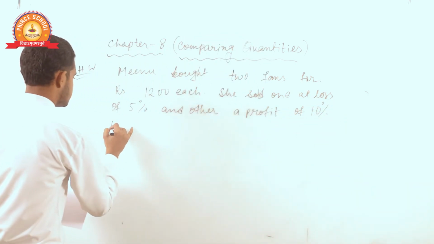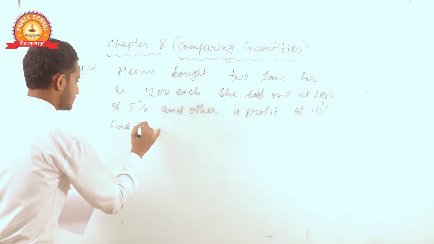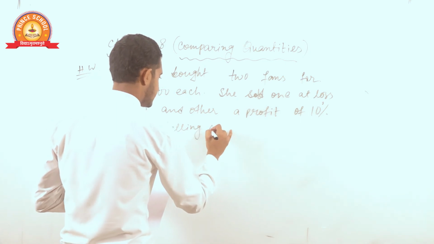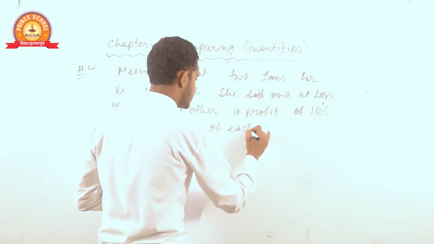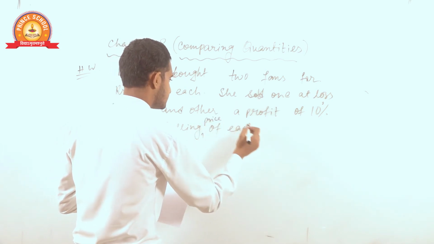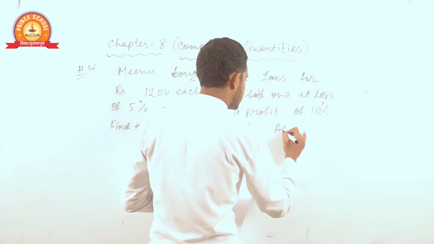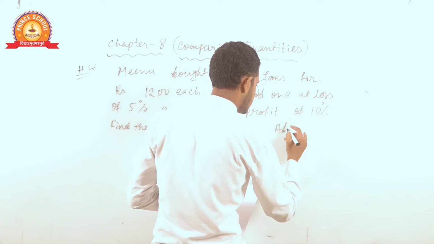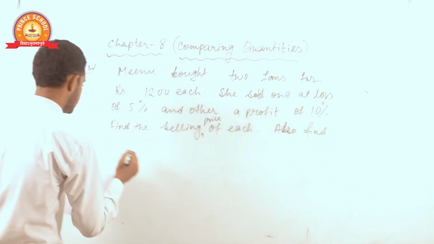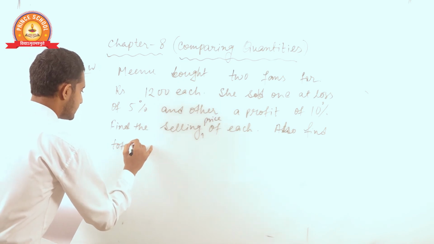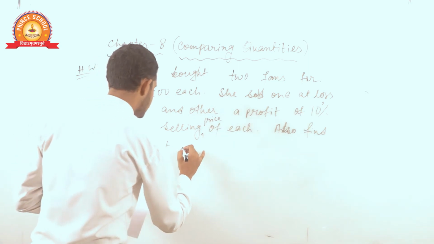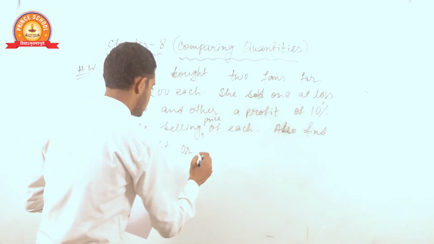So find out the selling price of each, and also find the total profit or loss. This question is just like question number 5.